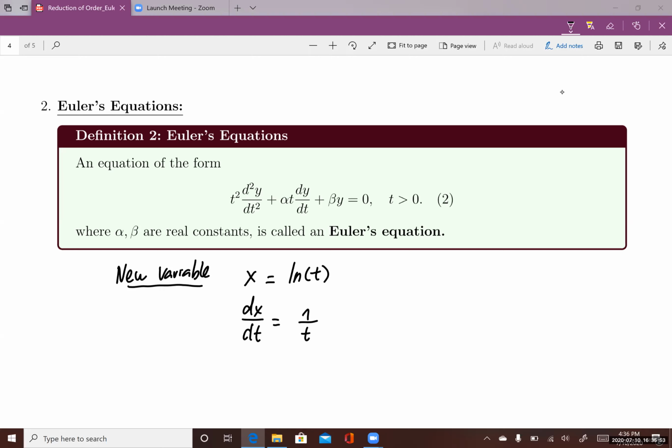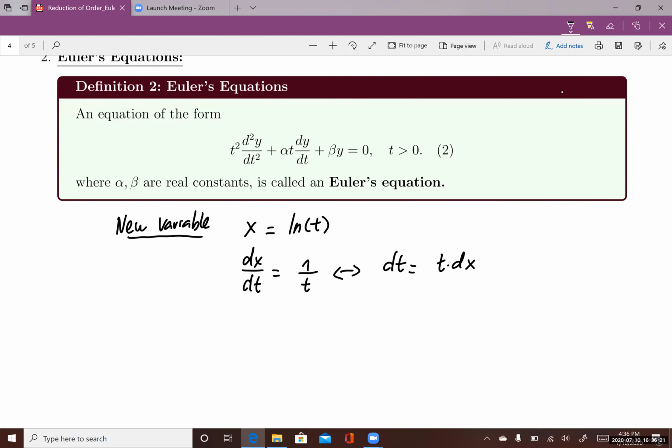So that's one piece of information that we know. What else do we know? That means you could say that dt is the same as t times dx, actually. All right, we're going to leave it there for now, and we will use this later.